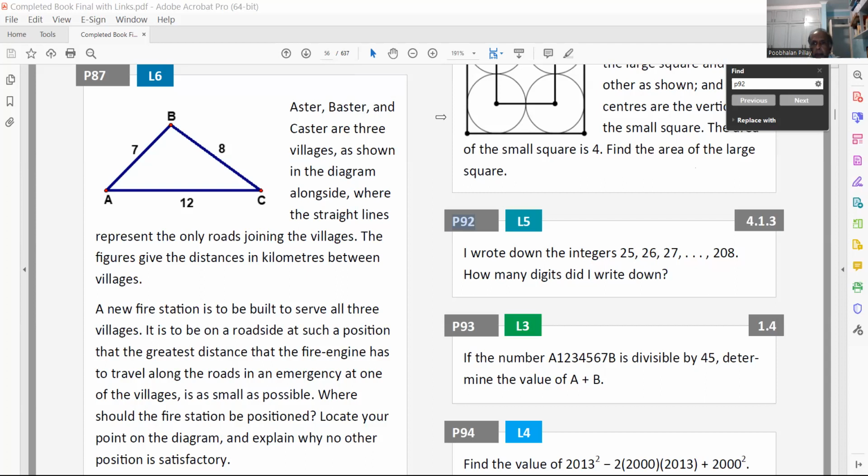Okay, let me just go to my whiteboard. So we have the numbers 25, 26, 27, all the way up to 208.